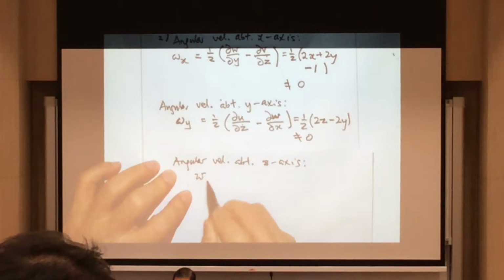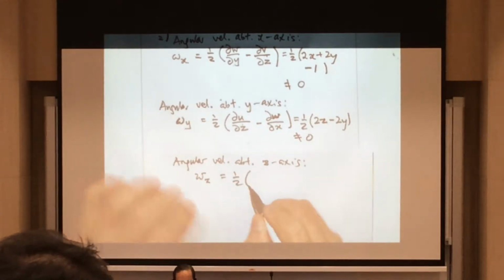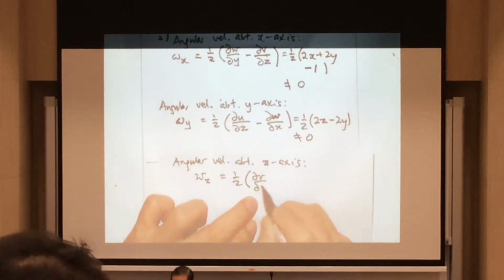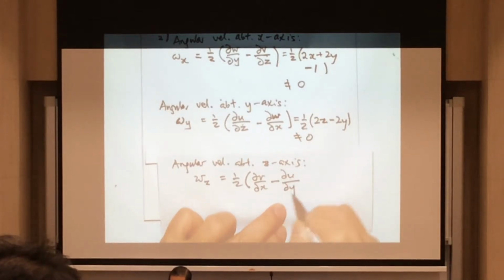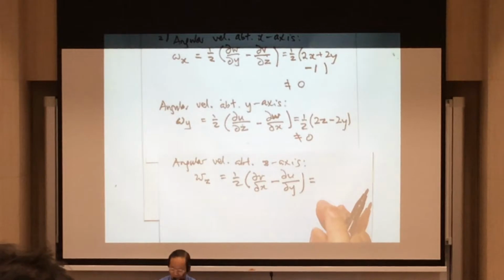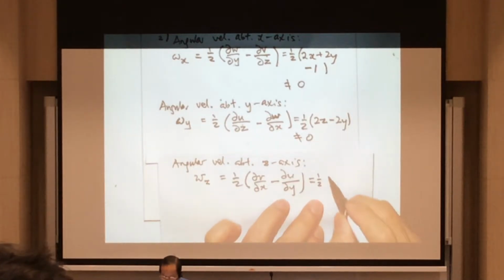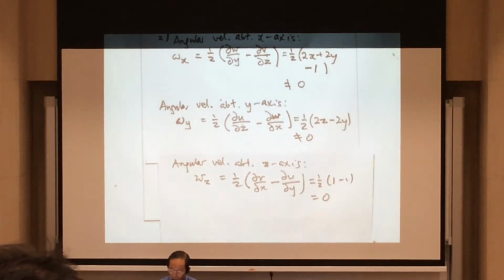Call it omega z, and it's given by half of del v del x minus del u del y. Then you differentiate the given expressions accordingly. You get half of 1 minus 1, which is 0. So you have one 0 term, the rest are non-zero.